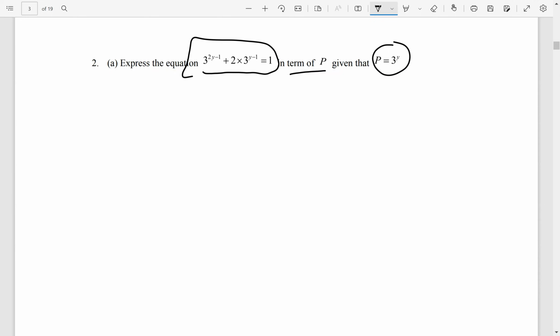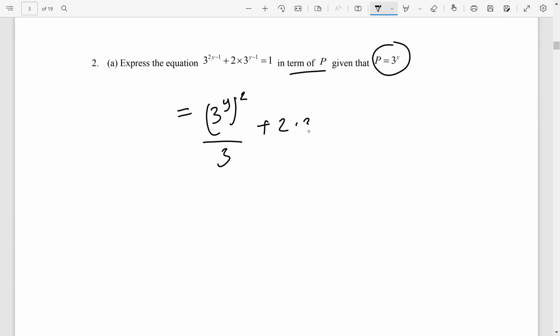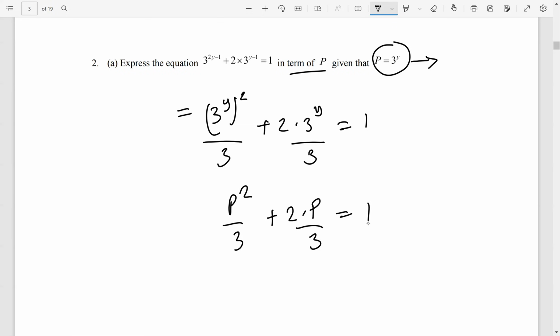So basically, this is going to be equal to 3 power y squared over 3 plus 2 times 3 power y over 3 equals 1. But we were told that actually p equals 3 power y. So you have p squared over 3 plus 2 times p over 3 equals 1.